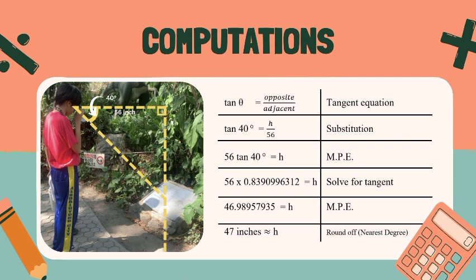After that, we will solve for tangent 40 and we will get 56 times 0.83 is equal to height. And lastly, we can use the multiplication property of equality again to find the height, and we will get 46.98, or 47 inches if it is rounded off to the nearest degree.